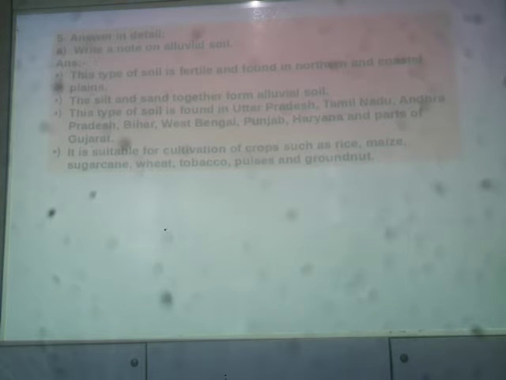Always remember, alluvial soil is found in the northern and coastal plains. Northern area means towards Jammu Kashmir, Himachal Pradesh, and towards these regions alluvial soil is found. UP and nearby areas, and coastal plains, wherever there is a sea. The silt and sand together form the alluvial soil.